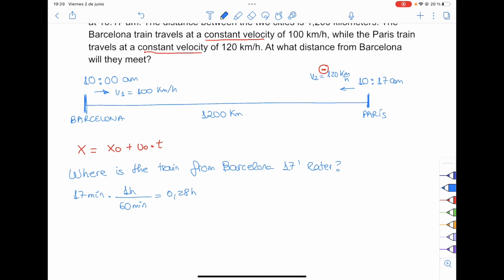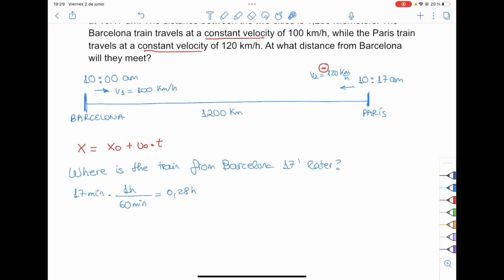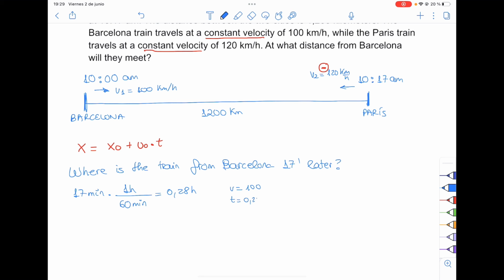And now I have to discover where is the train of Barcelona 0.28 hours later. So since we know the velocity and we know the time, velocity is 100, and the time is 0.28, and I know the formula that says velocity equals distance over time.